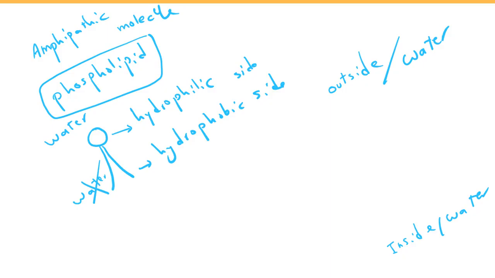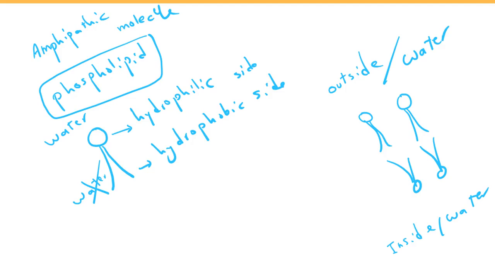So what can we do? We cannot have just one molecule of the phospholipid between 2 watery environments. That's the reason we are going to have 2 layers of phospholipid between 2 watery environments, inside and outside of the cell.